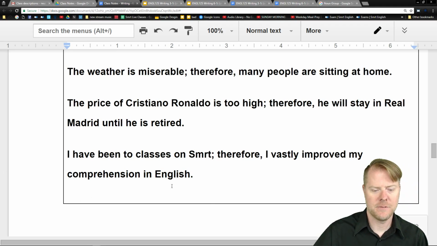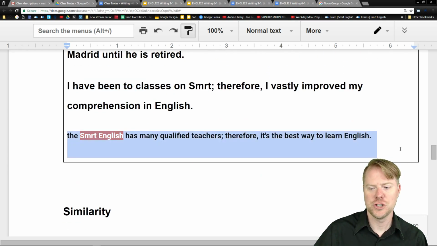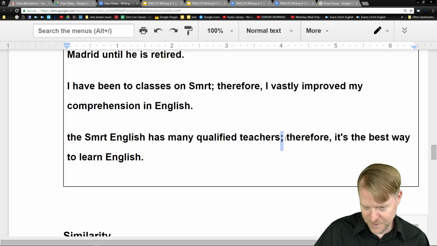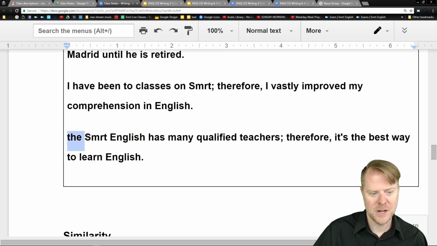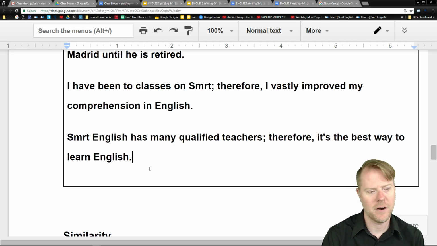Radwan, what do you have? Radwan, your sentence is, the Smrt English has many qualified teachers; therefore, it's the best way to learn English. And of course, I like the use of the semicolon and the comma. Smrt English is a brand, so it doesn't need an article.